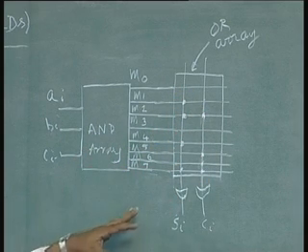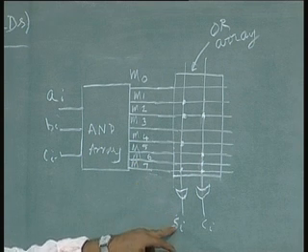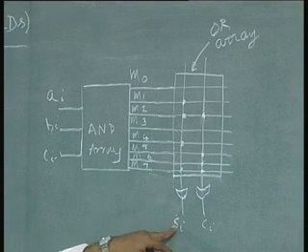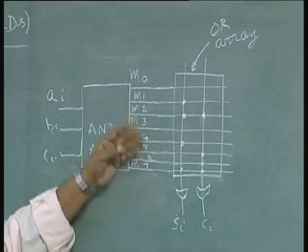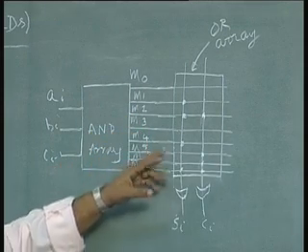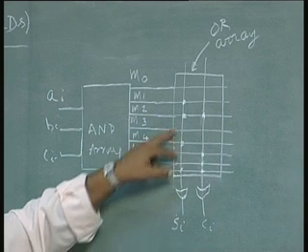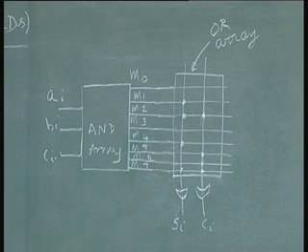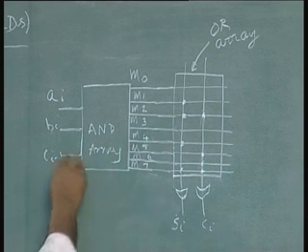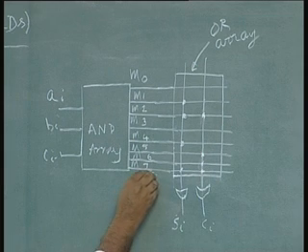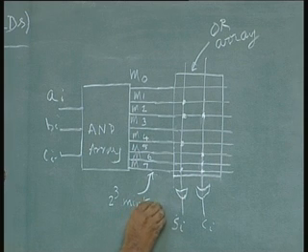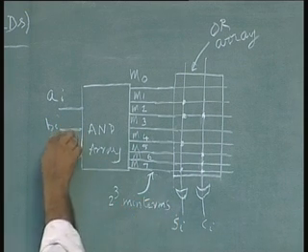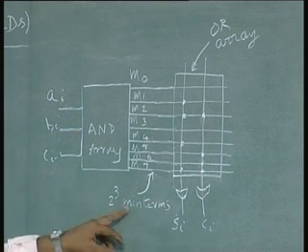The reason it is called programmable also is that I can have different functions instead of Si and Ci. Instead of implementing a full adder, I can have some other function in which several other minterms may be involved. I can reconnect my input to the OR gate. How many minterms will be there depends on the number of inputs. In this case there are 3 inputs, so there are 2 power 3 minterms. In general, if there are n inputs, we will have 2 power n minterms.